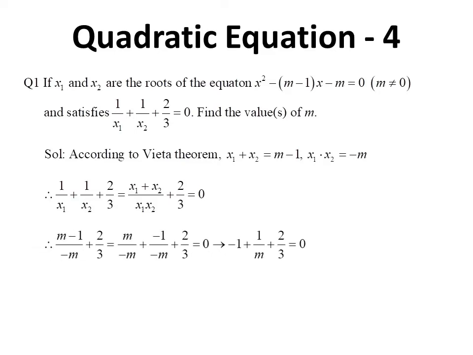Since x1 plus x2 is m minus 1, x1 times x2 is negative m. Therefore, the equation turns to be negative 1 plus the reciprocal of m plus 2/3 equals 0. Hence, we find the value of m, which is equal to 3.